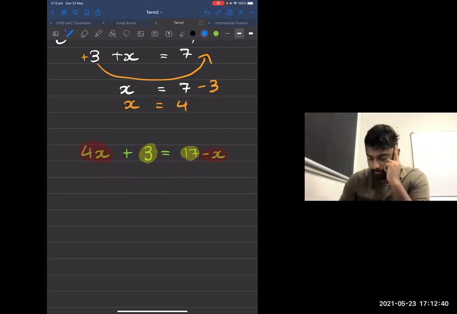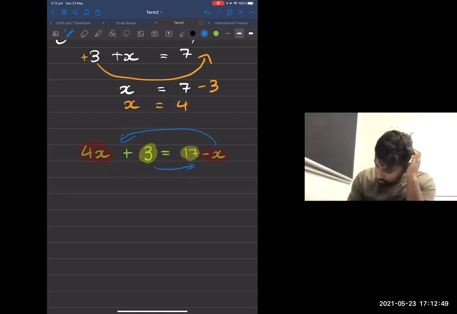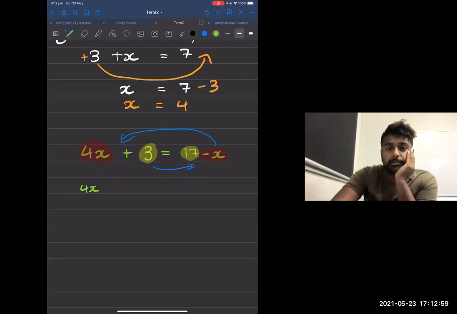So having said that, the easiest way is to move this x across here and move this 3 across there. If I were to rewrite this equation, it would be 4x. This negative x, what does it become? Positive. Perfect. So it becomes plus x.